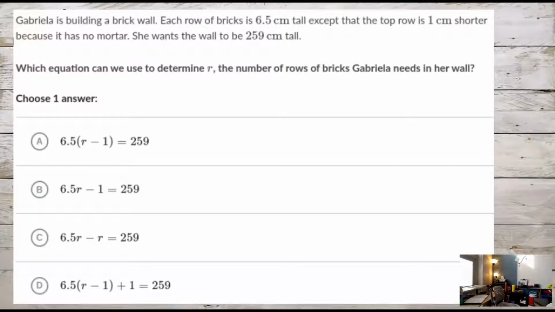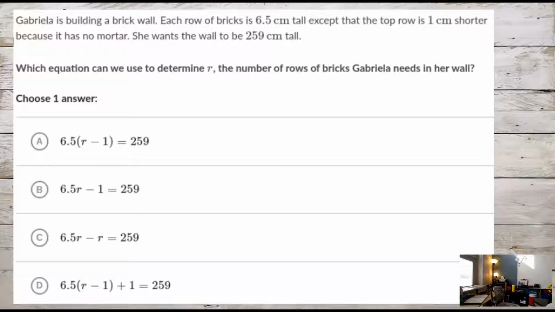If I'm laying bricks, I measure from the bottom of one brick up, through the mortar, and I hit the bottom of the next brick. So it's always from the bottom up to the bottom of the next one, or from top to top. But at the very top layer, there's no mortar, and normally there's a sill plate or something up there. So she wants the wall to be 259 centimeters tall.